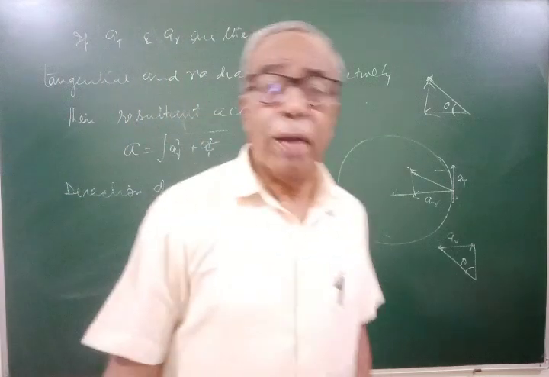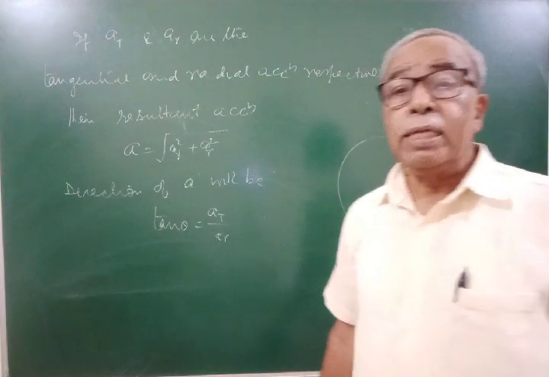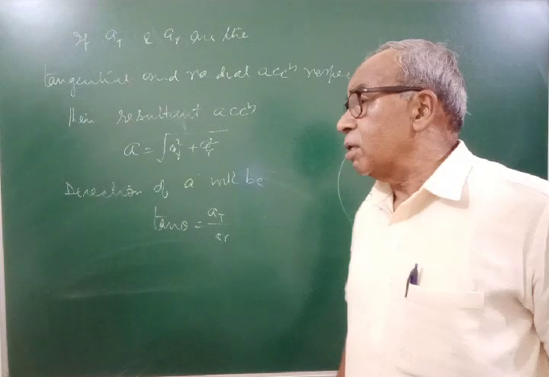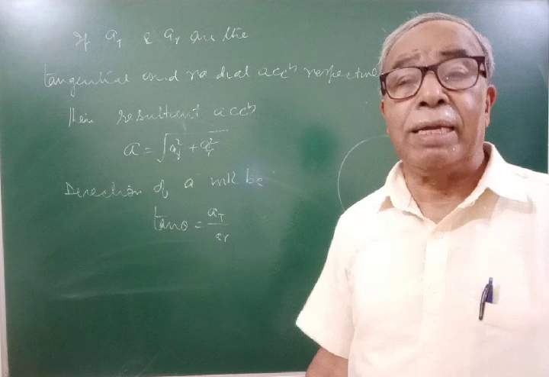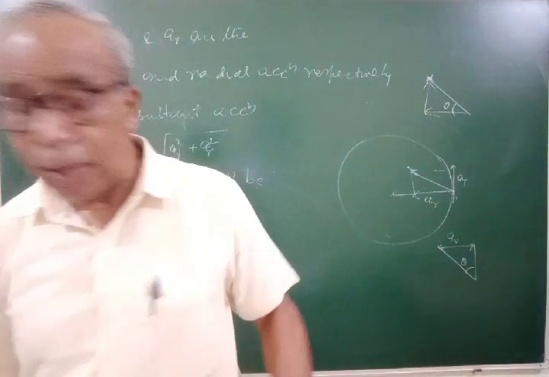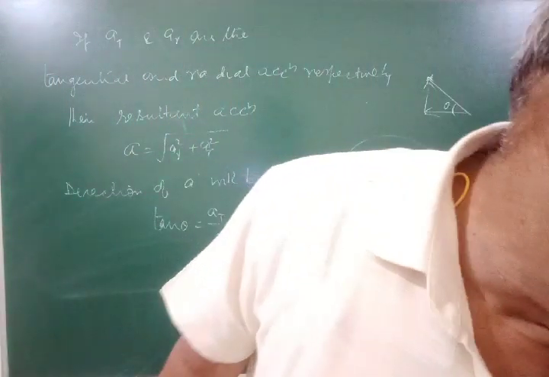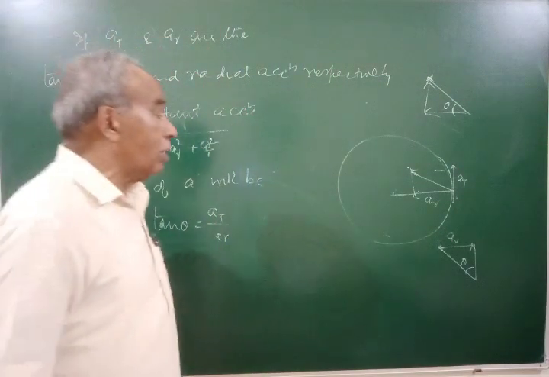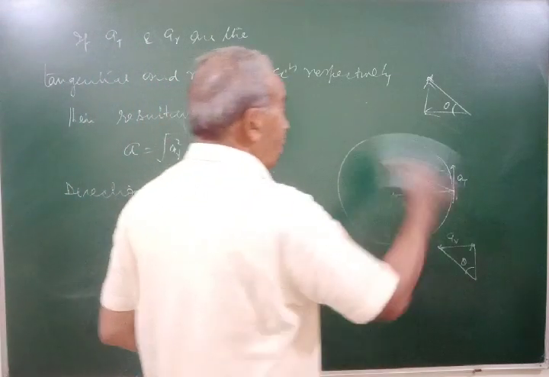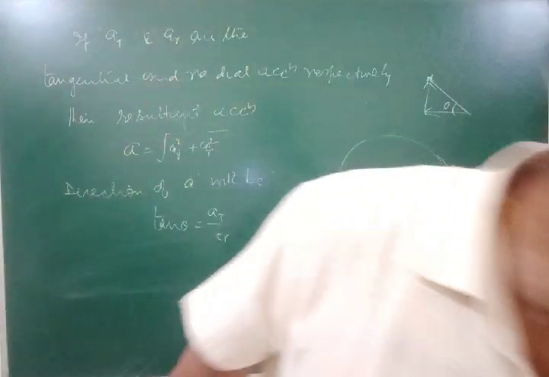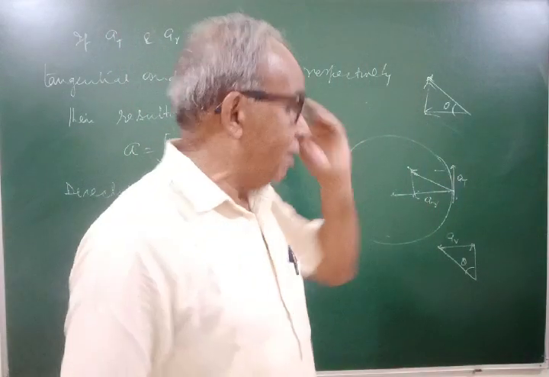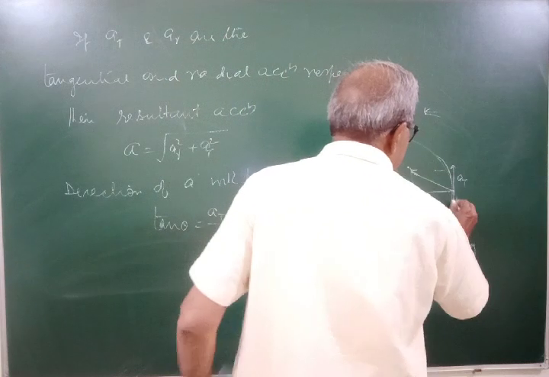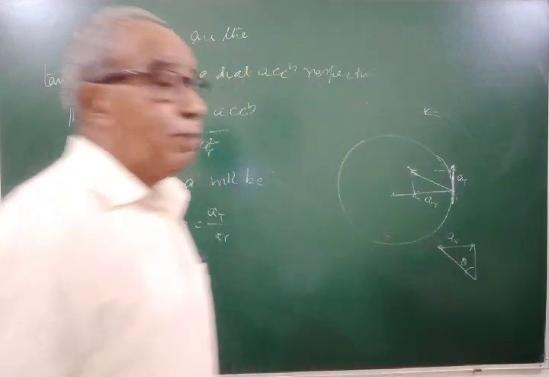So the direction of acceleration in circular motion is along the radius towards the center only when velocity keeps changing in direction but the magnitude remains the same, that is, uniform circular motion. But if speed is variable, then along with radial there will be tangential acceleration, and the direction will depend on the change in velocity. If the magnitude of speed is increasing, AT will be in the direction of motion.